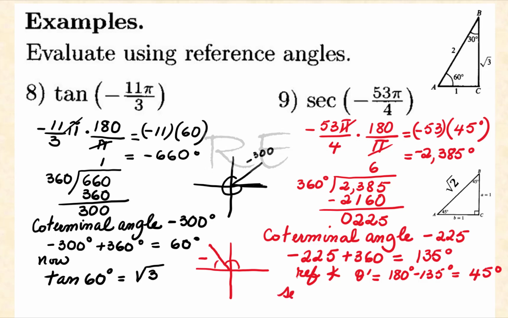Secant is 1 over cosine. Therefore, secant of negative 53 pi over 4 is equal to negative secant 45 degrees. So it's negative, and secant 45 is square root of 2.